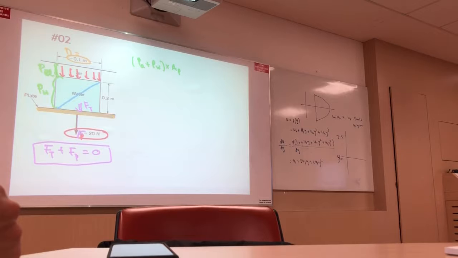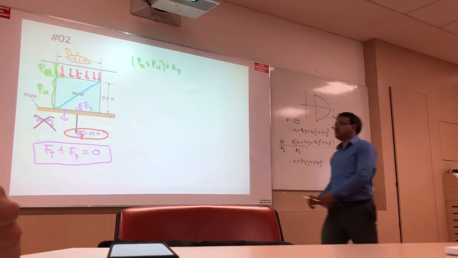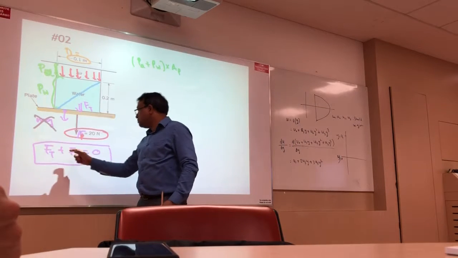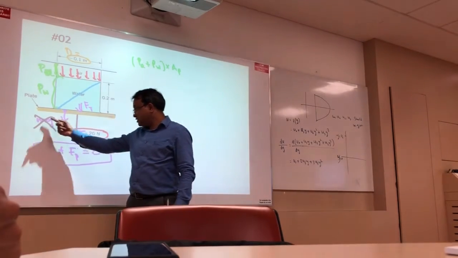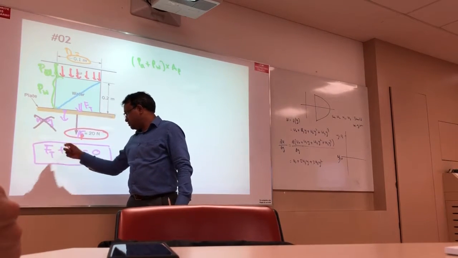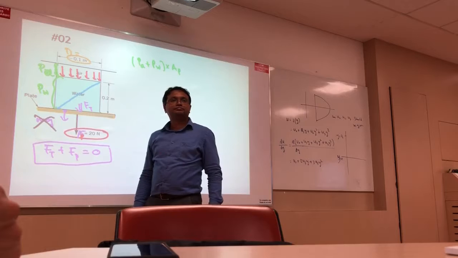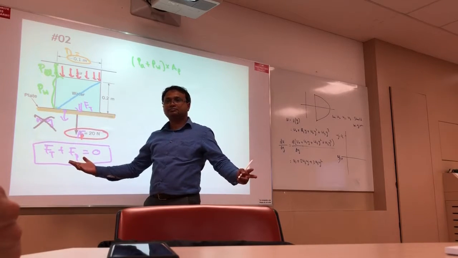Because the mass of the plate, mg, is neglected according to the question. If mg is given, then Ft plus mg plus Fp is equivalent to 0. Agree? Just a force balance.